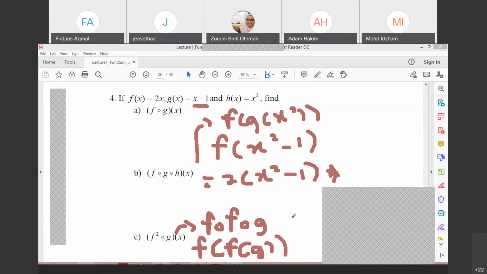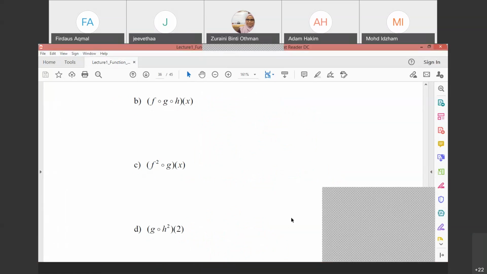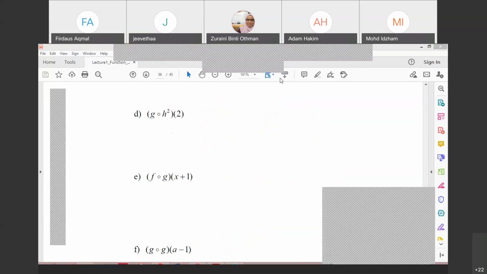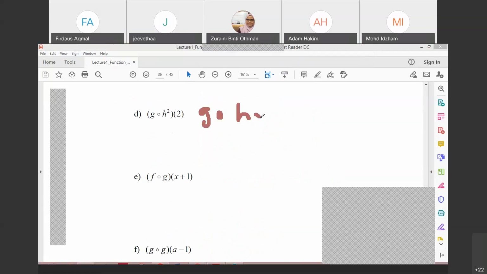Okay, so now kalau yang ni pula, macam tadi lah, kita selesaikan G composite H composite H kali, maksudnya nanti gantikan X tu sebagai 2, masukkan ke dalam macam tu.